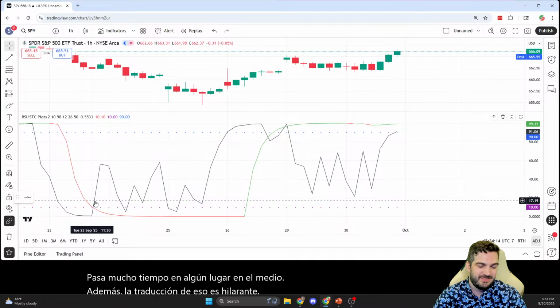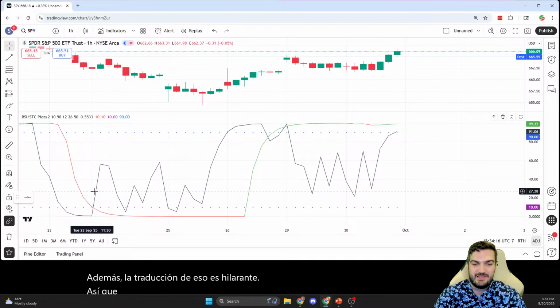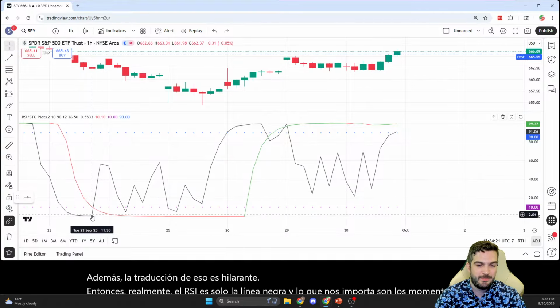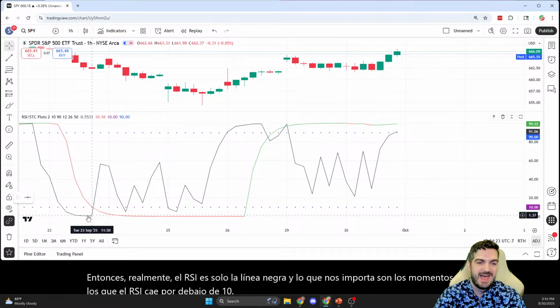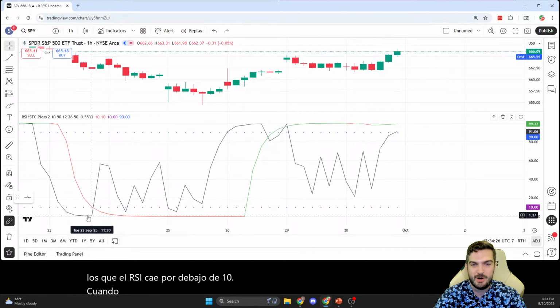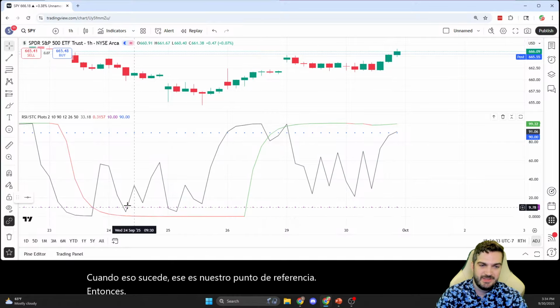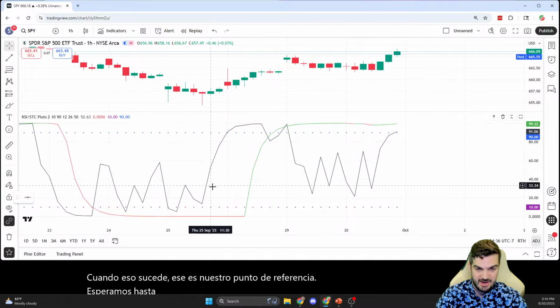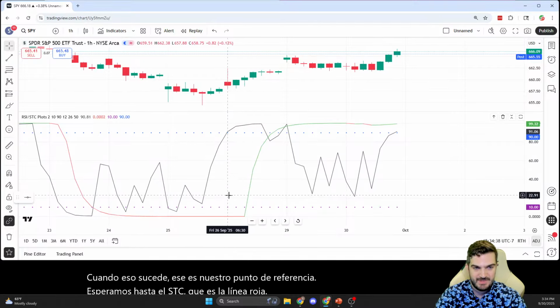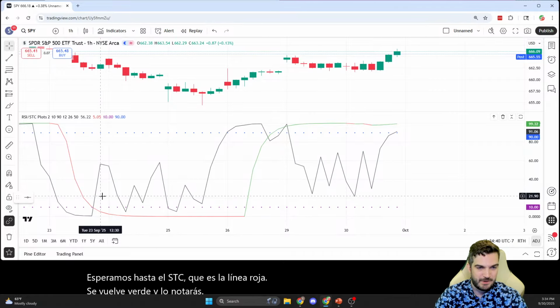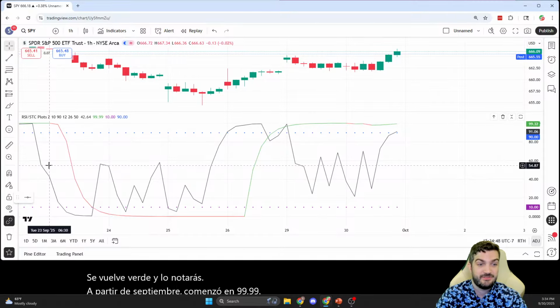So really, the RSI is just the black line, and what we care about are moments where the RSI dips below 10. When that happens, that is our on your mark point. Then we wait until the STC, which is the red line, turns green. And you'll notice it started off at 99.99 on September 23rd at 6:30 in the morning.